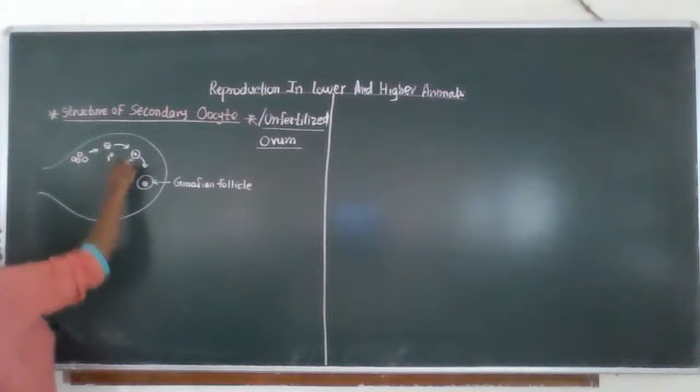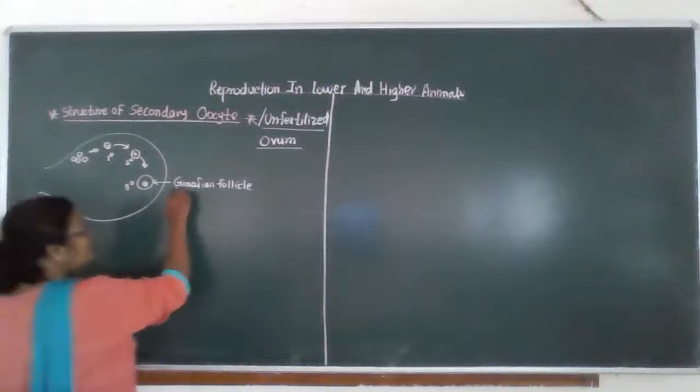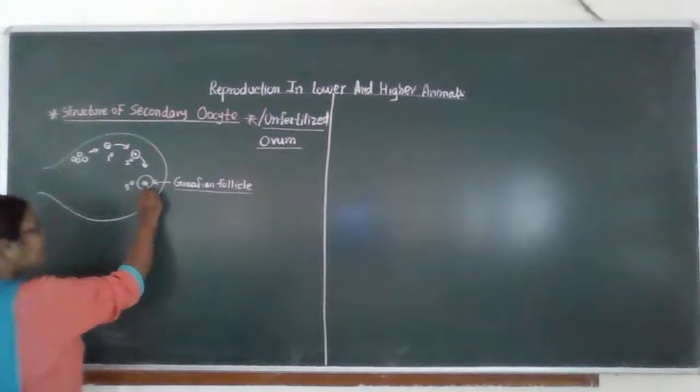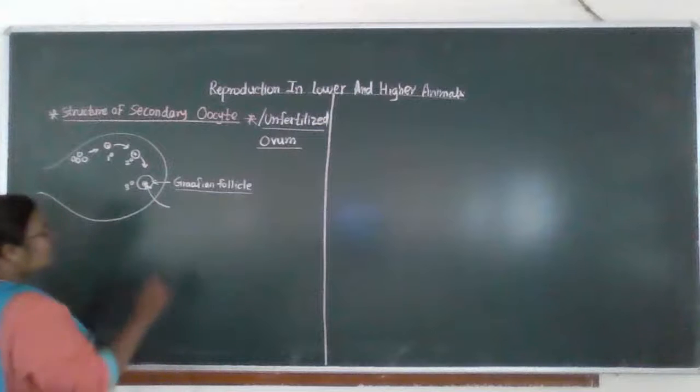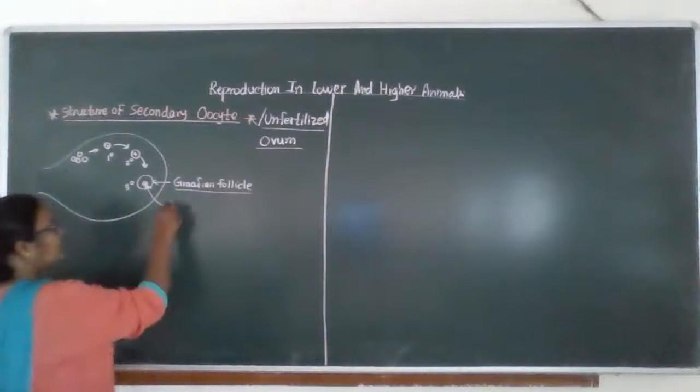This Graafian follicle is a tertiary follicle containing the primary oocyte first, and then it converts into the secondary oocyte at the time of ovulation.